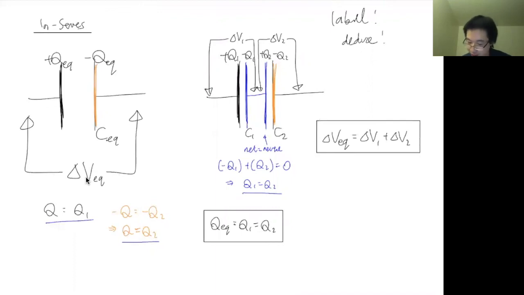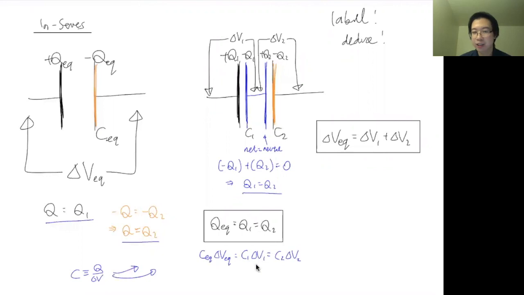Let's do our trusty trick of use the definition of capacitance and rearrange things and plug them into both of these box equations. What do I learn here? I learned that this is C_EQ delta V_EQ equals C1 delta V1 equals C2 delta V2. So some problems may give you the two capacitances and then give you one of the potential differences and ask you what's the other one.